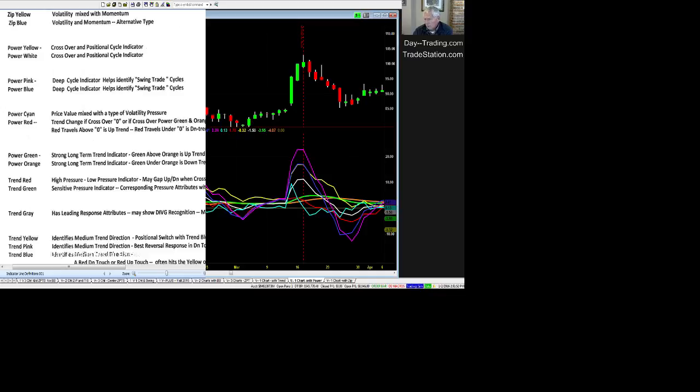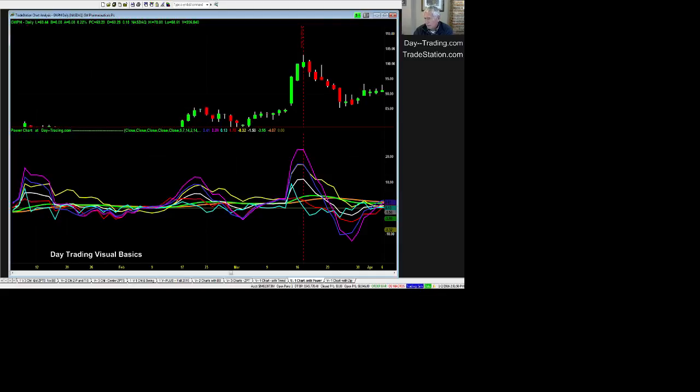It's maybe easier to show you from this perspective. Where the red vertical line is, we have a peak.